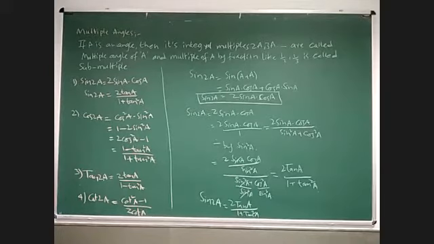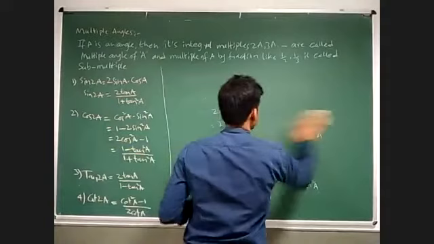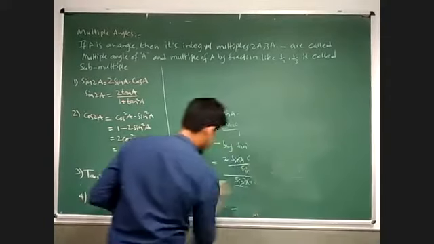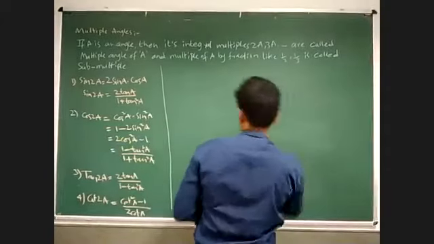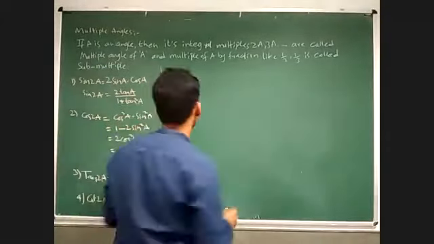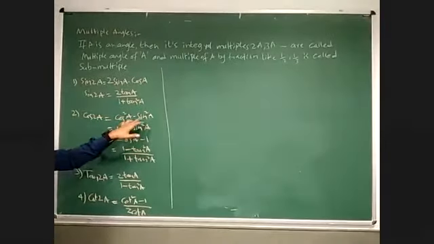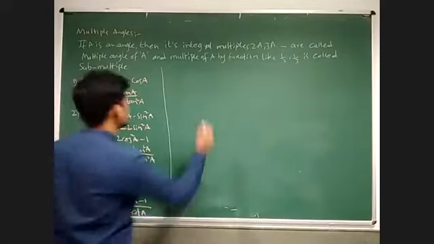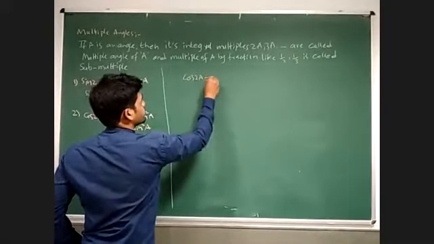Okay, now we are going to see cos 2A. Here we have four formulas of cos 2A, starting with cos square A minus sin square A. So first of all, just see cos 2A.